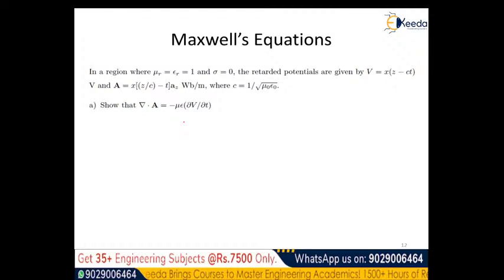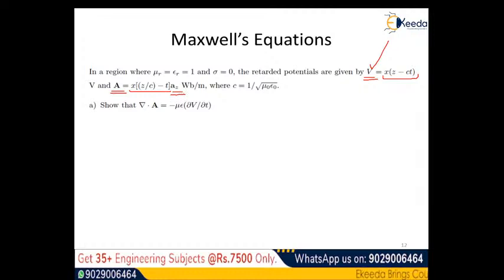So we have two types of potential. The scalar potential is represented by capital V, expressed only in terms of magnitude, not directional content. Another form is denoted by capital A, the vector potential, which has, along with the magnitude, a directional content in terms of the unit vector Az.